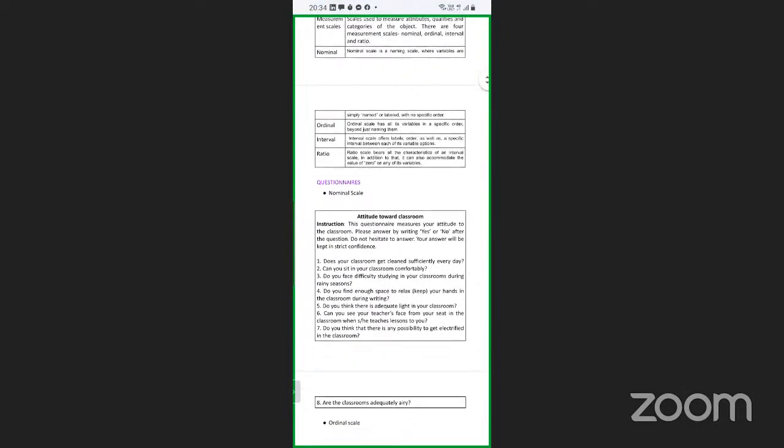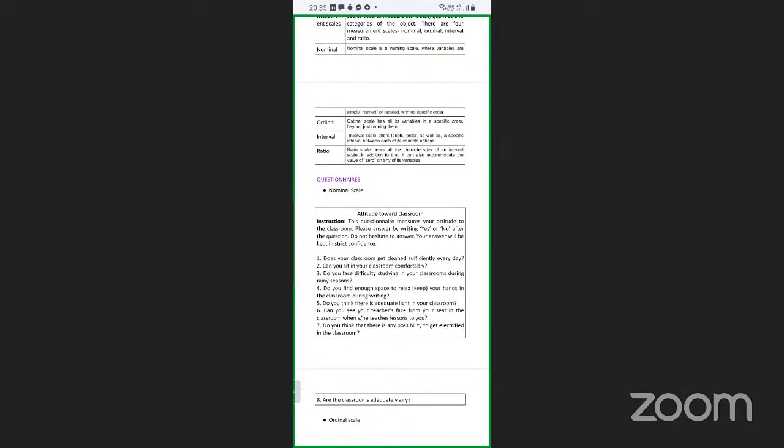Now, as a businessman, you want to design the classroom of academic institution. The classroom for the children of primary education.